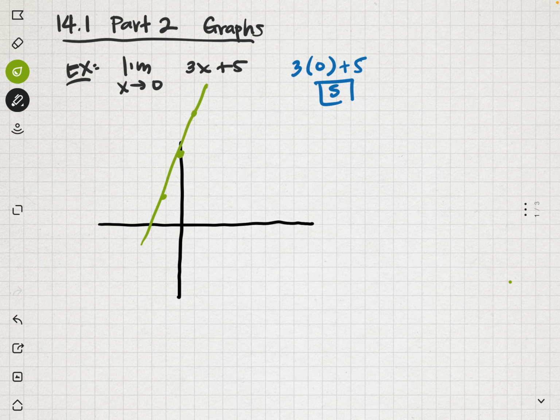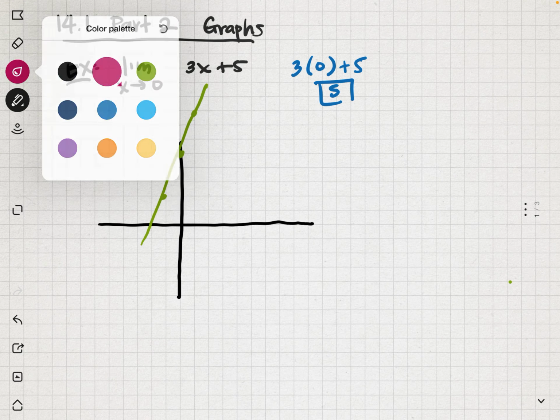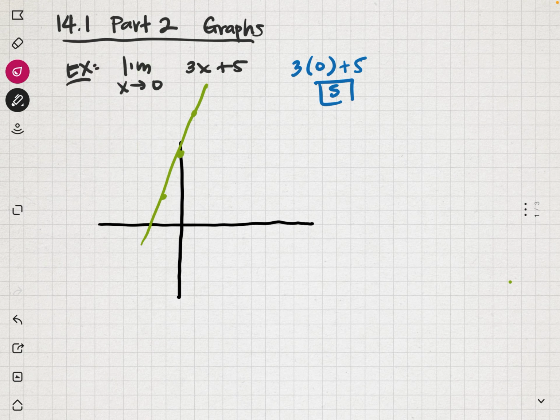So let's look at what that means graphically. If I approach 0 from the left side, and I approach 0 from the right side, what I get is this value here.